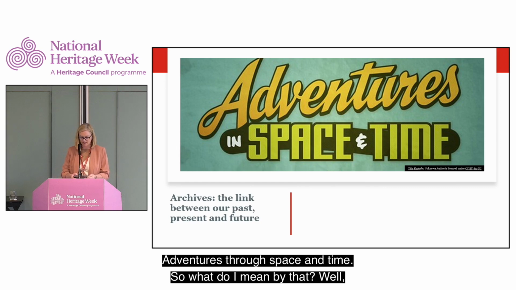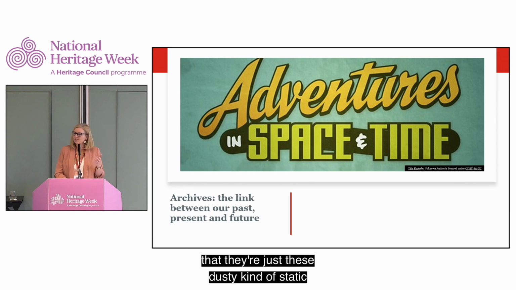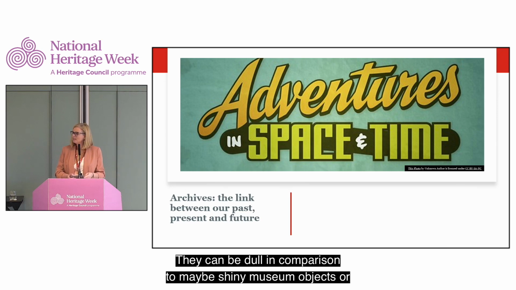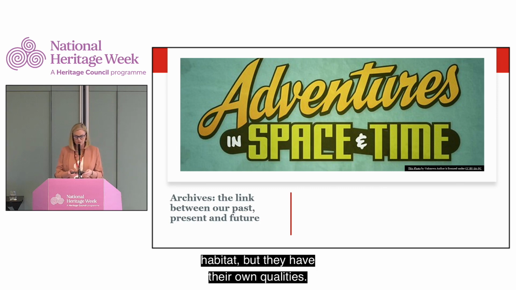So what do I mean by that? Well, there's often a perception that archives are quite static, that they're just these dusty static objects. They can be dull in comparison to maybe shiny museum objects or beautiful archaeological monuments or a beautiful natural landscape or habitat, but they have their own qualities.